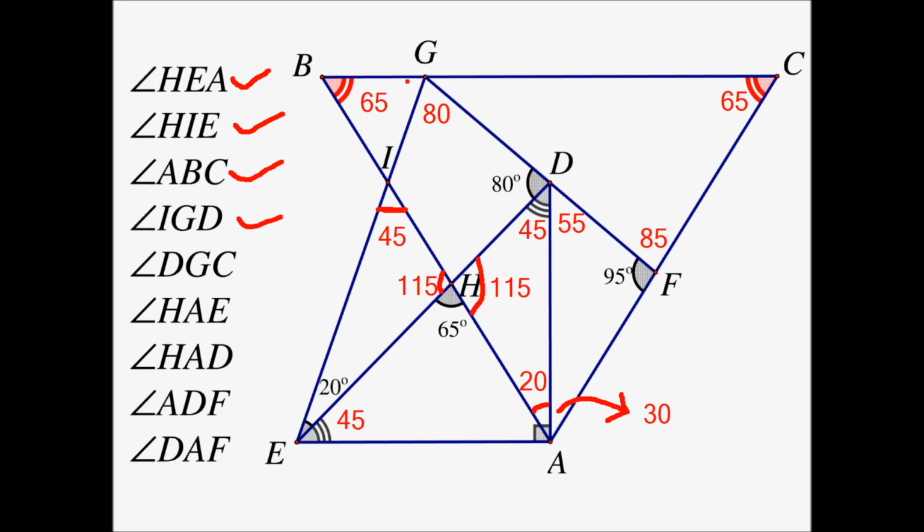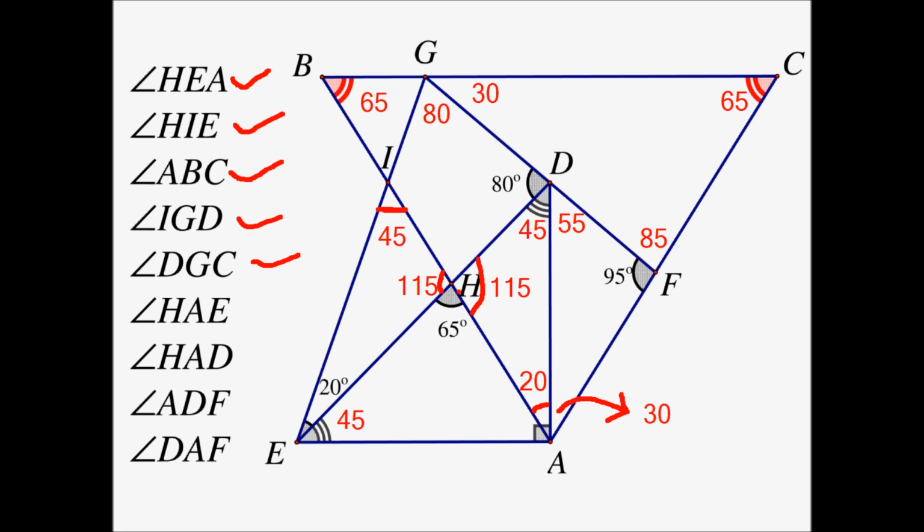Now using this triangle GFC and these two angles, I can find the third angle of the triangle. 180 minus 85 minus 65 will give me that. 85 plus 65 is 150. From 180, if you subtract 150, you're going to get 30. So angle DGC is 30 degrees.